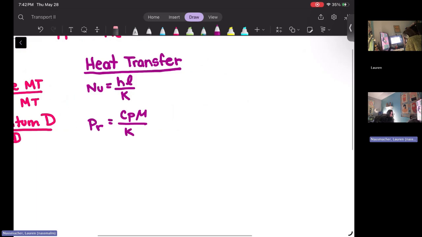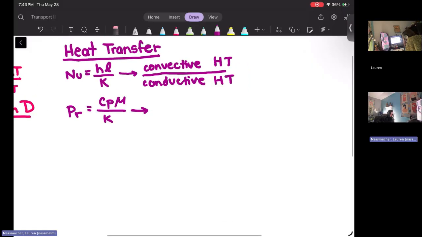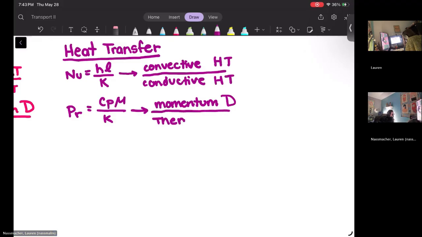And then for our Nusselt number, this is also convective, but instead, this is heat transfer divided by conductive heat transfer. Our Prandtl number is equivalent to our momentum diffusivity, D, divided by our thermal diffusivity.